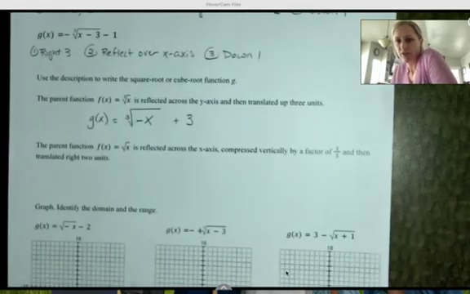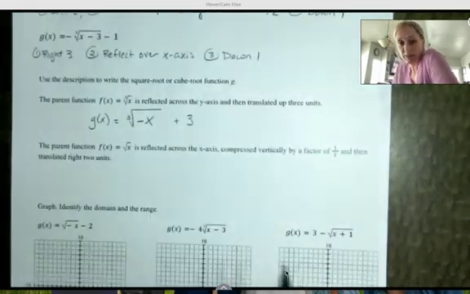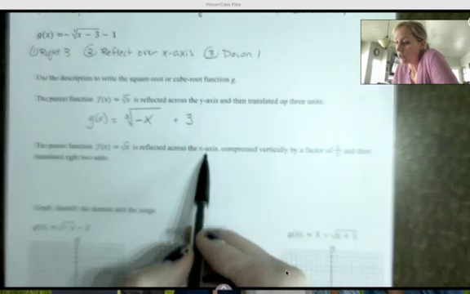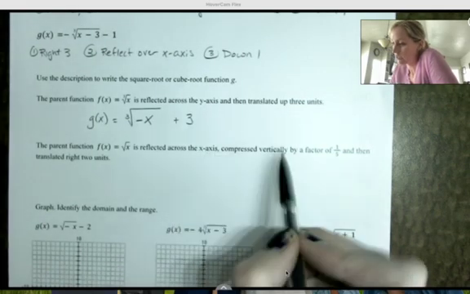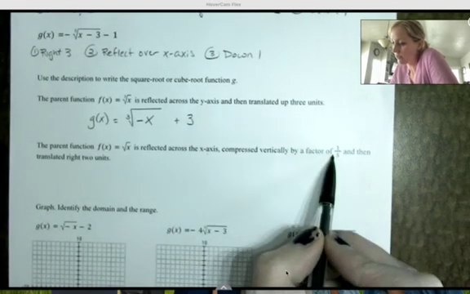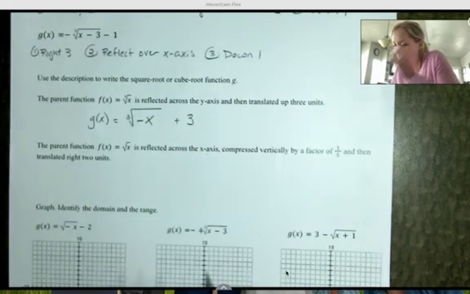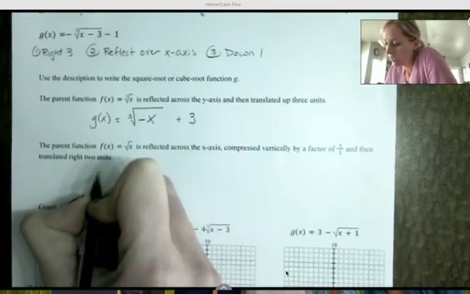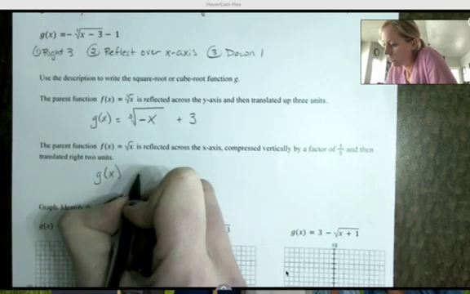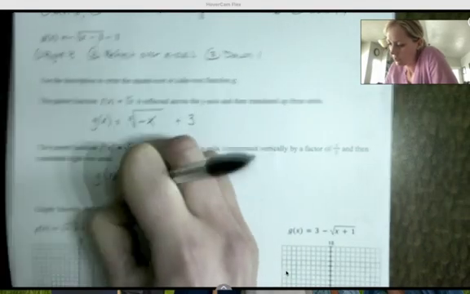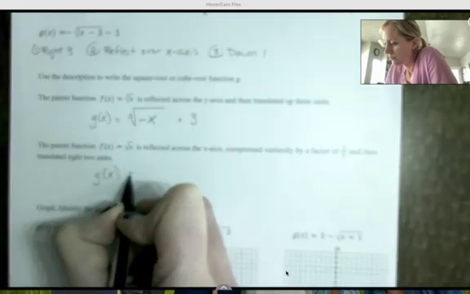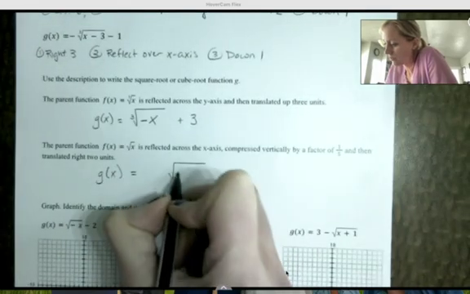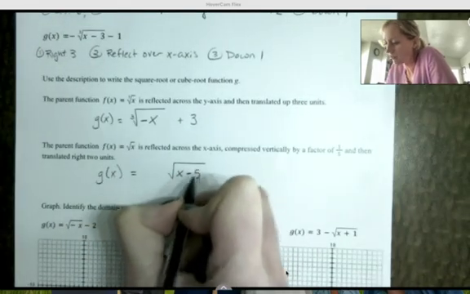This one, square root of x is the parent function, reflected across the x-axis, compressed vertically by a factor of 1/5, translated right 2 units. Translated right is going to be inside the square root, opposite of what we think.